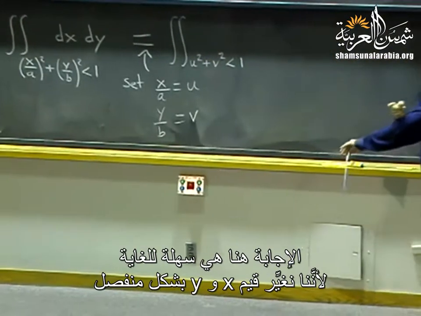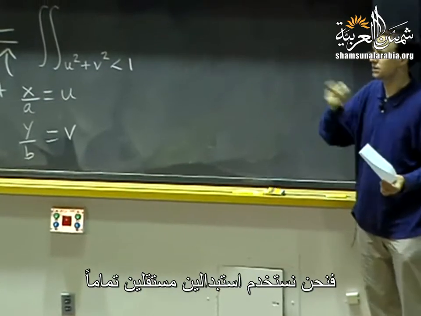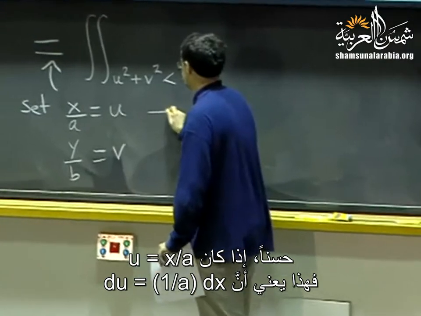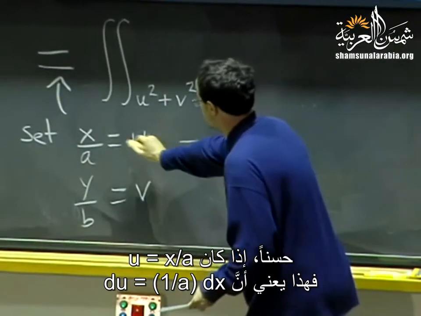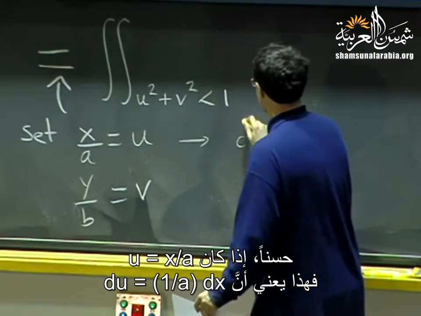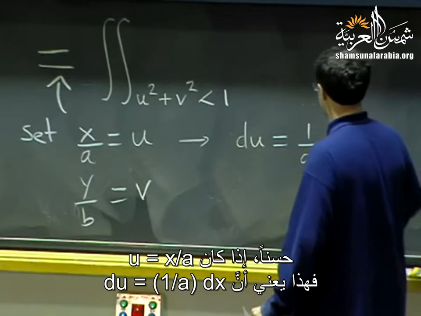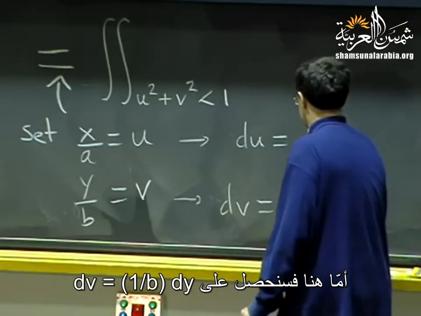Here the answer is pretty easy because we just change x and y separately. We do two independent substitutions. If we set u equals x over A, that means du is 1 over A dx. And here, dv is 1 over B dy.